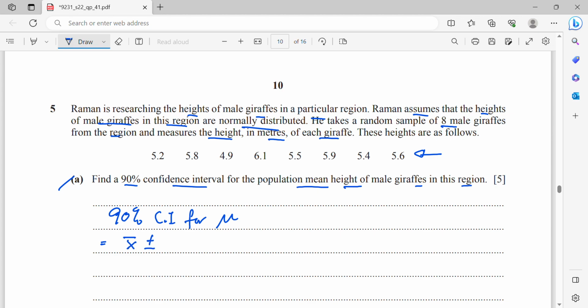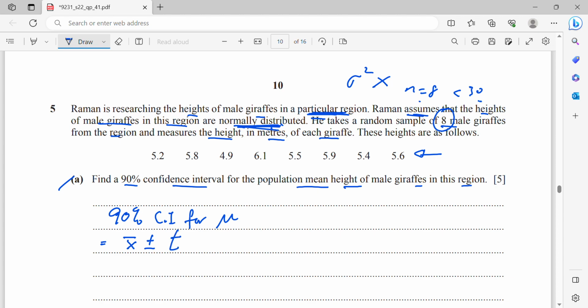We are going to use a t-test here, because when you look at the question, in the first 2 sentences, you are given that they are normally distributed, but the population variance is not given. And one more important part is the random sample is only 8. It is less than 30. Alright, the n is only 8. So due to this reason, variance is not given and the n is small. Therefore, we have to use t.